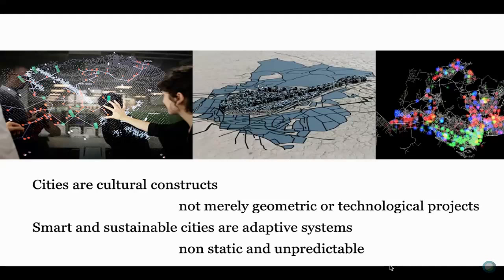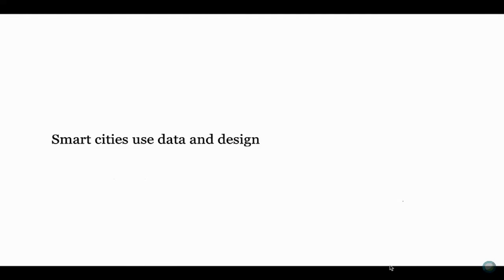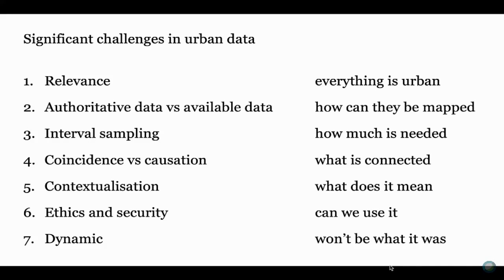Cities are not static and they're not predictable. It's a very high-speed introduction to the topic. They start saying smart cities use design data. What are cities? How do they allow for design to allow for emergent behaviors?